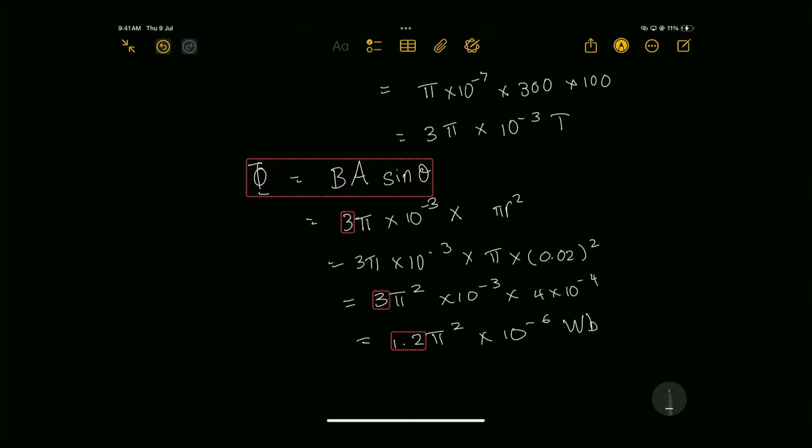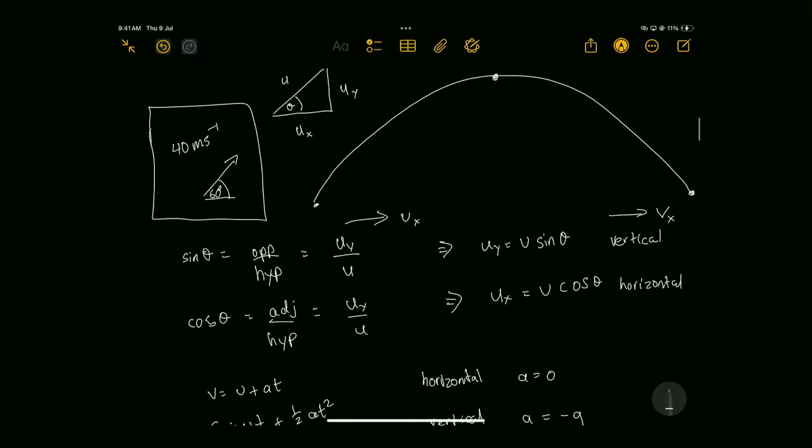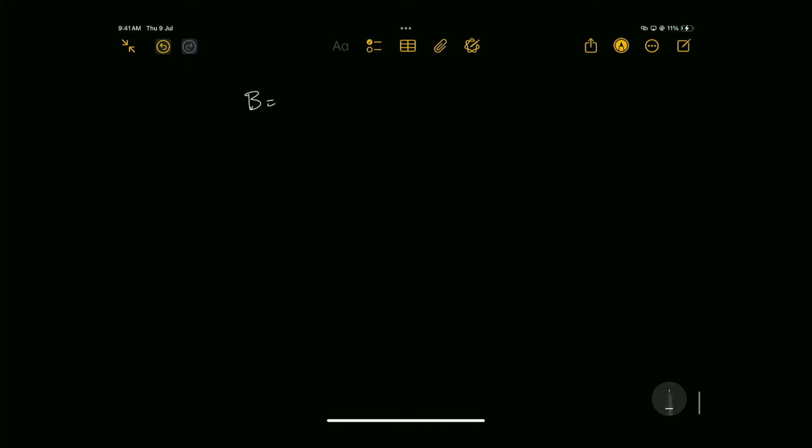In part C, determine the magnetic field strength at a distance of 10 centimeters from a wire of length 50 centimeters carrying a current of 2 amps. So to do that, we use the equation to determine the magnetic field strength. B is equal to mu naught I over 2 pi r.